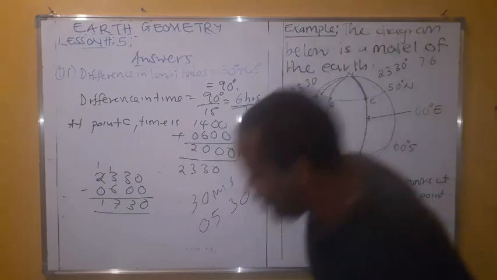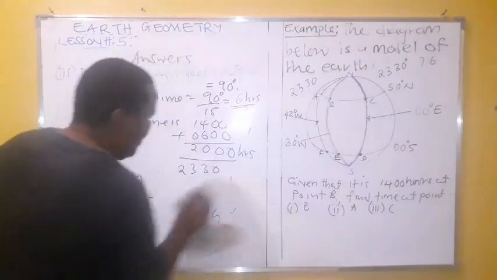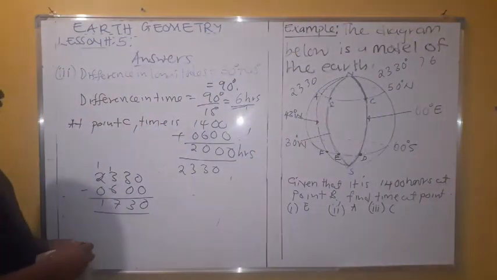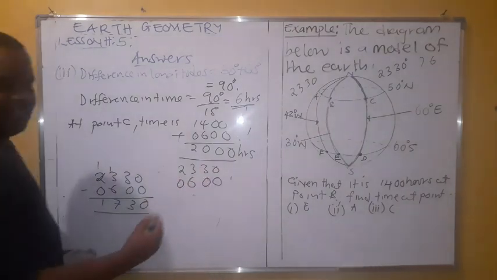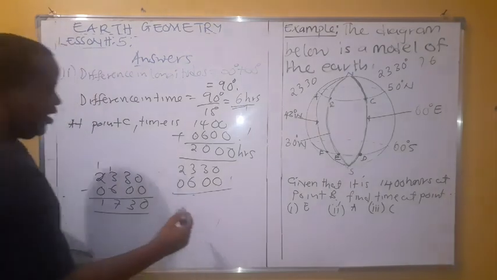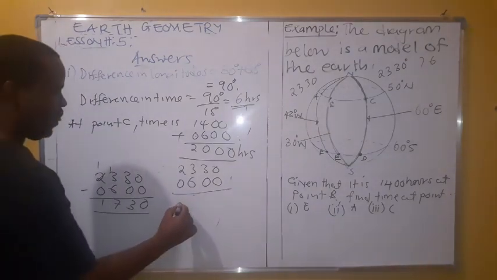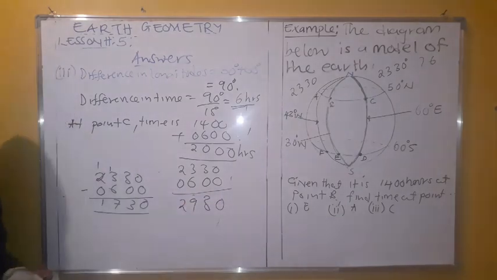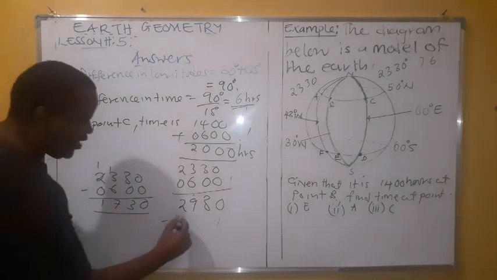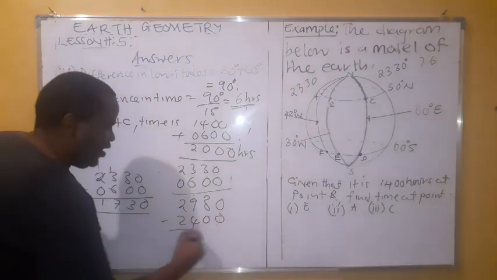Alternatively, you can add your 06 hours. So you're going to say 29:30. But we don't have that kind of time, so we subtract 24 hours.